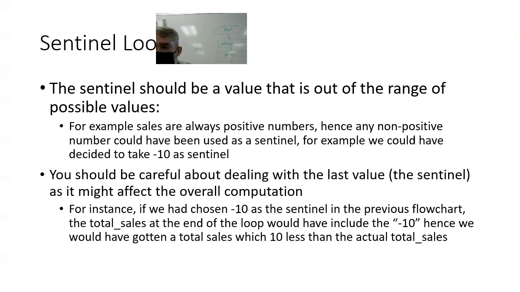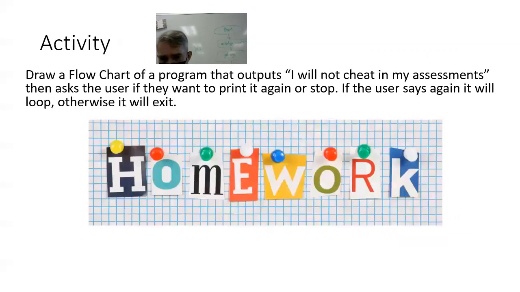And so any negative value would work fine. And often people will do that. You don't have to have an equality in your decision that ends the loop. You can have an inequality, where you say, if the sales value is less than or equal to 0, then we exit the loop. And so we're not looking for an exact amount. That would have worked too.